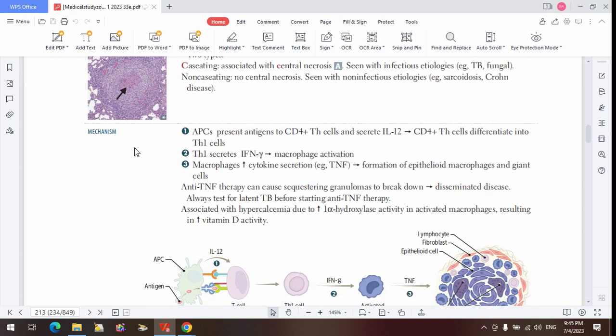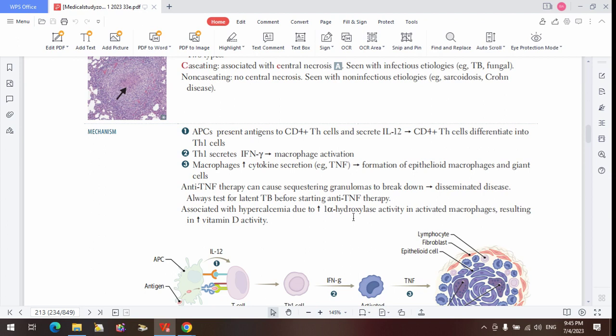So the clinical significance of this is that you don't want to give anti-tumor necrosis factor therapy, because if you give anti-tumor necrosis factor therapy, you cannot form the epithelial macrophages and you cannot form the giant cells, which are essential components of the granuloma. So there's a possibility that the granuloma will break down. So if you want to give anti-tumor necrosis factor to an individual, you must always rule out tuberculosis.